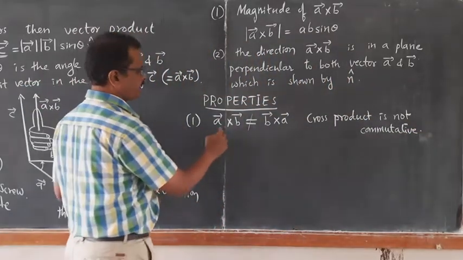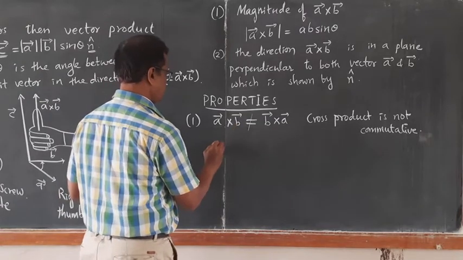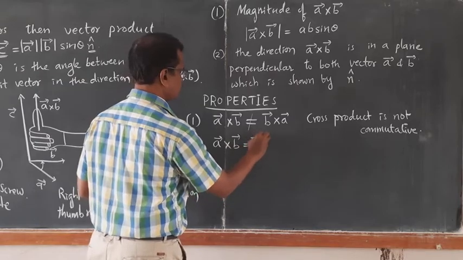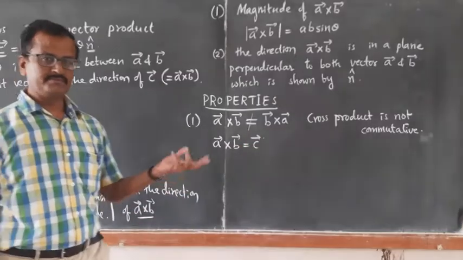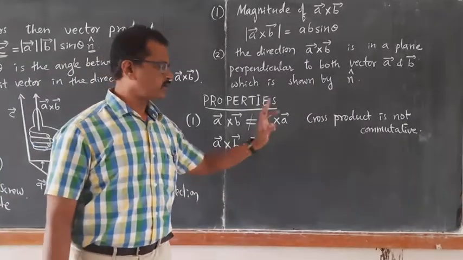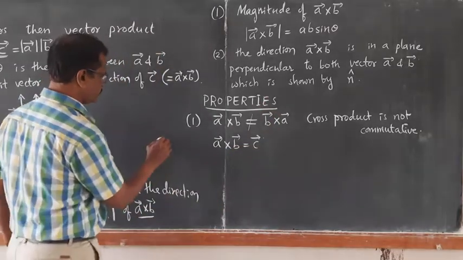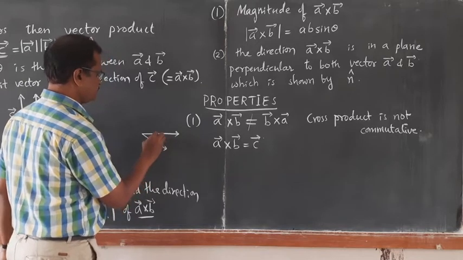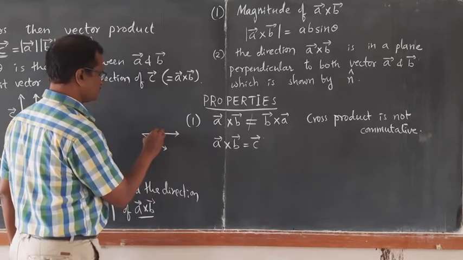Why? We know that A cross B is vector C. Then what is B cross A? B cross A, if you find out, see here, this is B and this is A, right? And this is the angle theta.